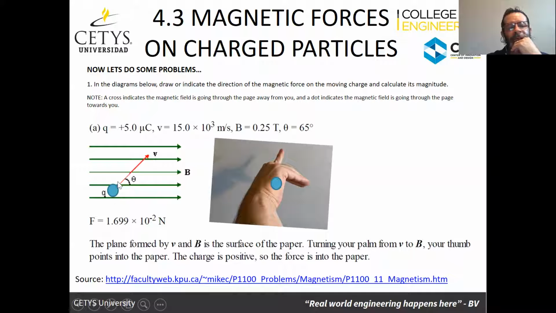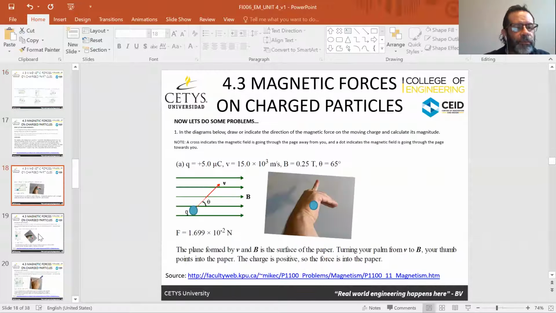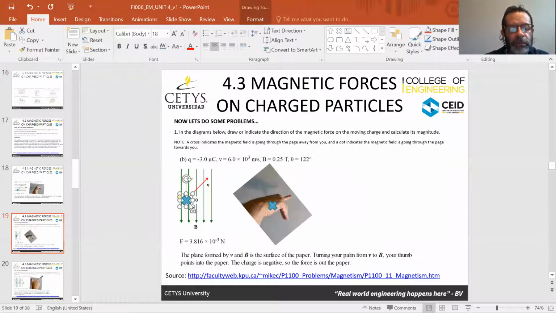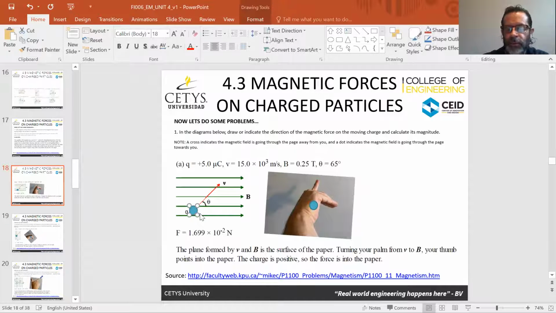And just to represent that, I'm using here a little circle. Oh, actually, if it's going into the paper, let me correct that. I'm sorry, I made a mistake here. So I can make mistakes. Of course we can.